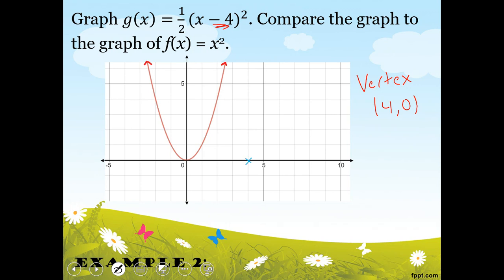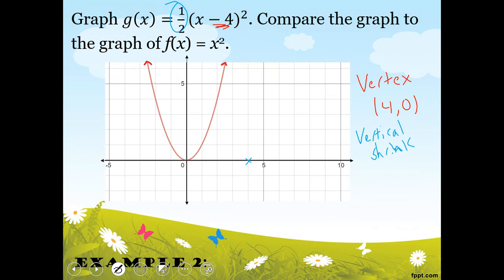Now, I also know what this 1/2 does from our other sections from before. So that's an a value that's 1/2, which means that it's going to be wider than our original function. So when it's wider, we know that it's going to be called a vertical shrink, meaning it's being compressed down.